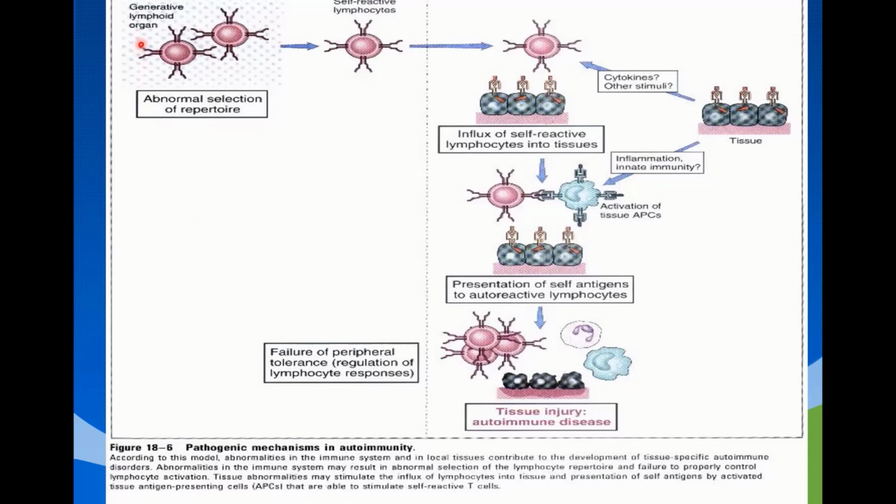The generative lymphoid organs: abnormal selection or response, self-reactive lymphocytes, cytokines, other stimuli, presentation of self-antigen to autoreactive lymphocytes, tissue injury, and autoimmune disease.